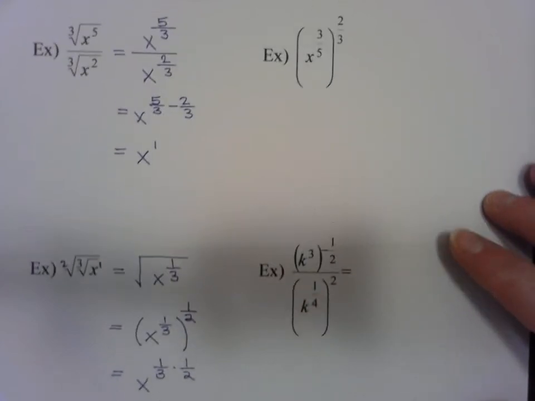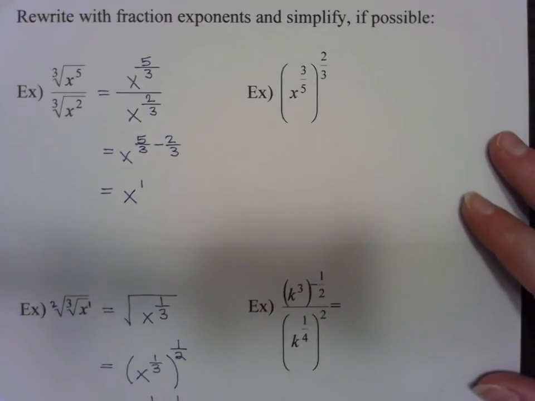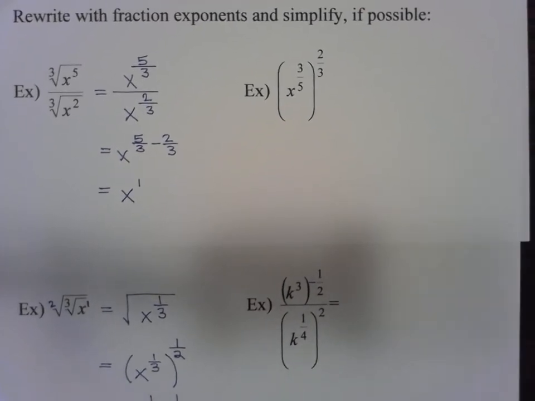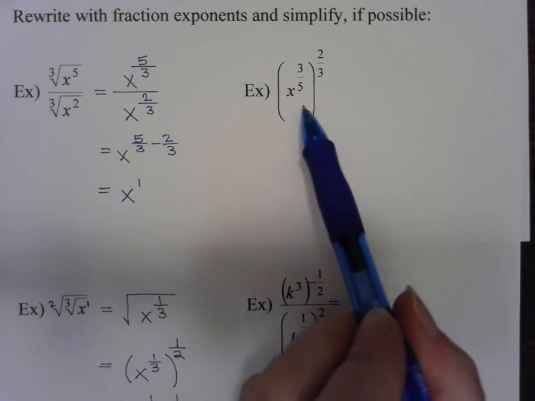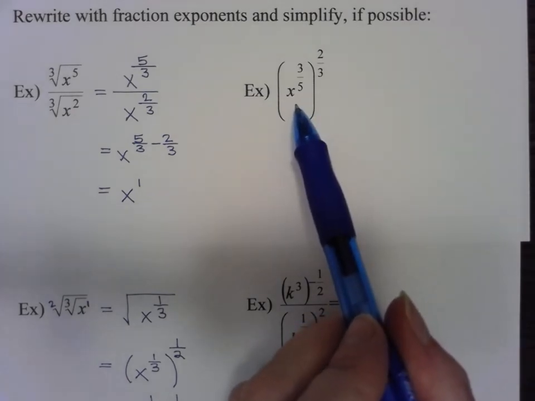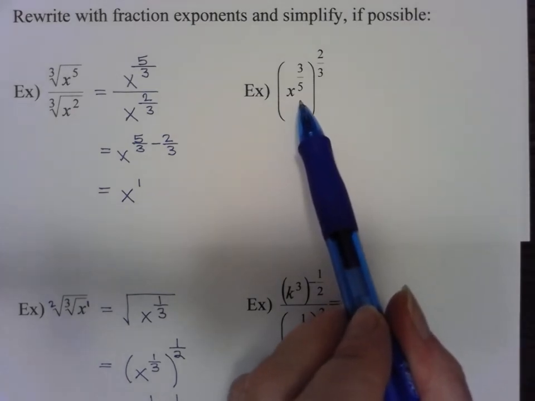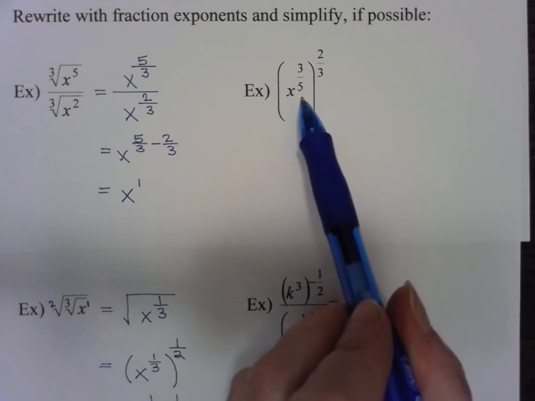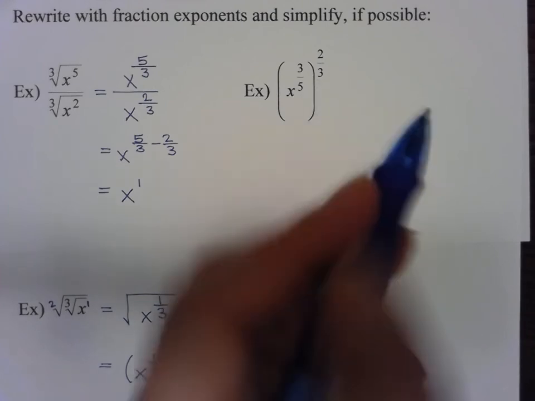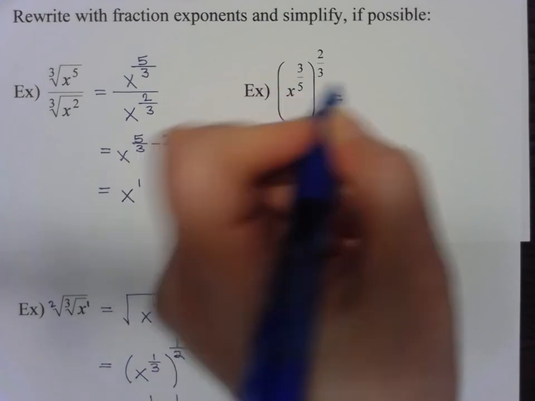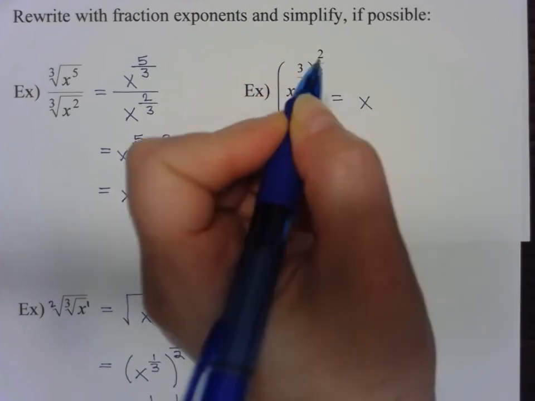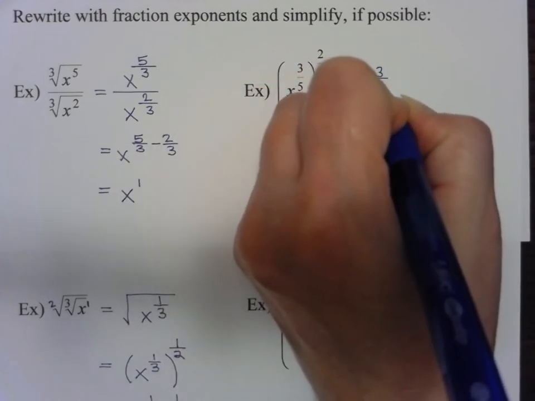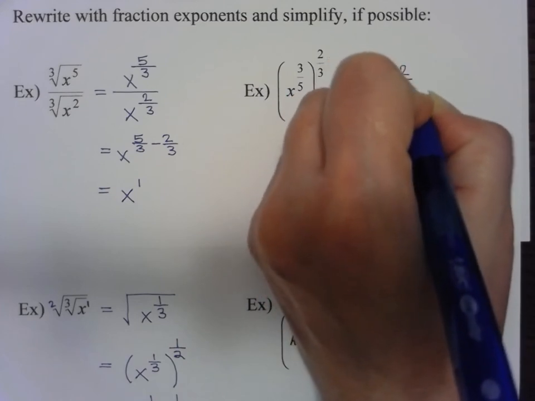Okay, this one in the upper right is actually very much the same. The first few steps are already done for us, so it's already written with a fraction exponent. And here's another scenario where we're raising one power to another. So the properties of exponents tell us that we're going to multiply 3/5 times 2/3.